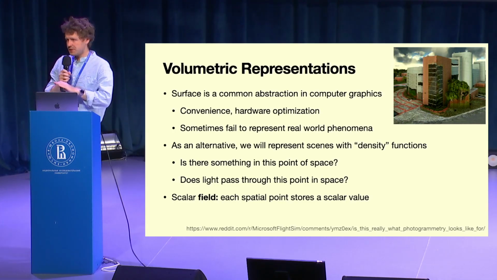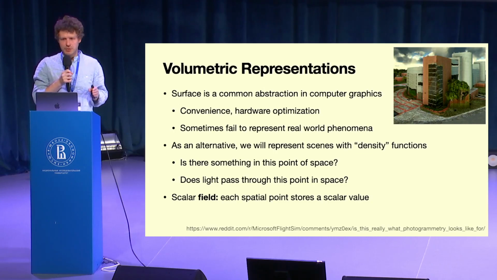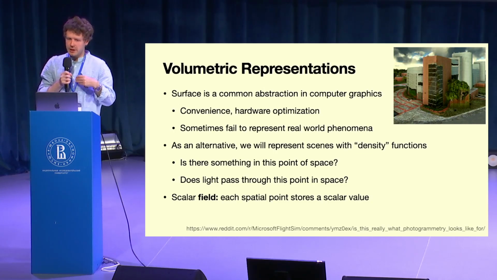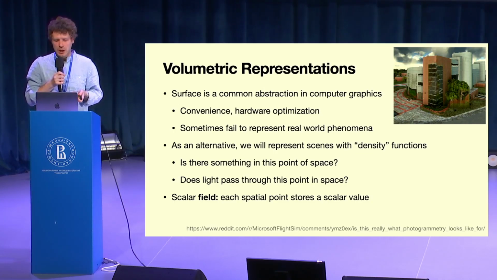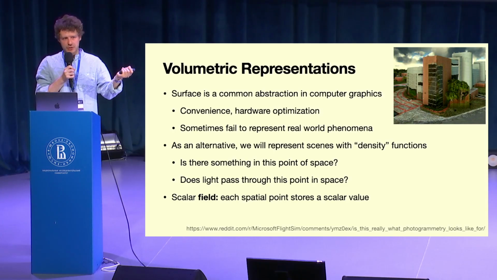So what is a volumetric representation? This will be an implicit representation, but instead of using an isosurface of a function, we will use another kind of function, which we'll treat as some sort of density. It will be a function that takes a spatial point as an argument and returns a scalar value, which says, is there something in this point or not?